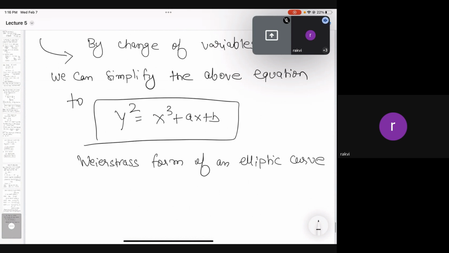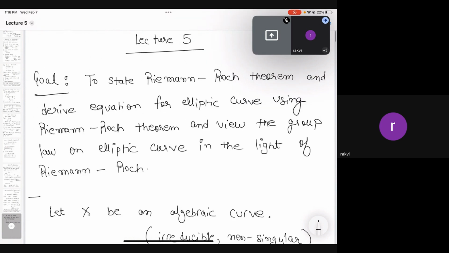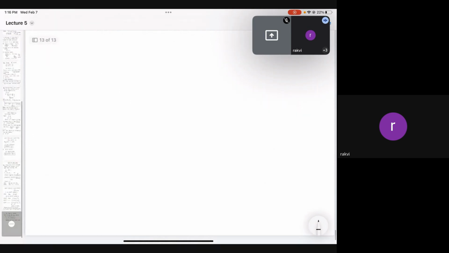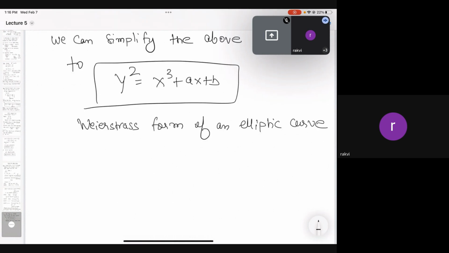And I think this is what we started with last time, that if we have an equation of this type, it's equivalent. So there are two ways to define elliptic curves. If you start with the definition that it's a non-singular projective curve of genus 1, then you can derive this equation using Riemann-Roch. And if you simply start with this equation, it's not difficult to show that it is an elliptic curve, with the condition, of course, that the associated discriminant is non-zero, which I think is 4a cubed plus 27b squared.